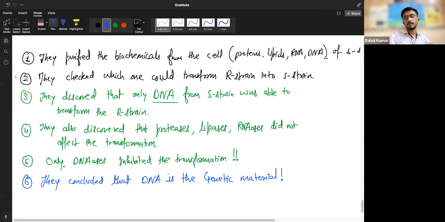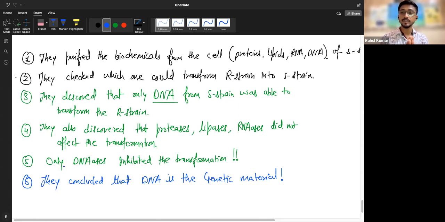But not all biologists were convinced, because of the way these experiments were done. You are treating with something and growing the bacteria in the presence of something, and all biologists were not actually convinced that it is a good way to do the experiment. Now when we read it in theory, we realize that when you just put DNA, the transformation happened. When you put other things, transformation did not happen. But there were other factors also that could affect it.